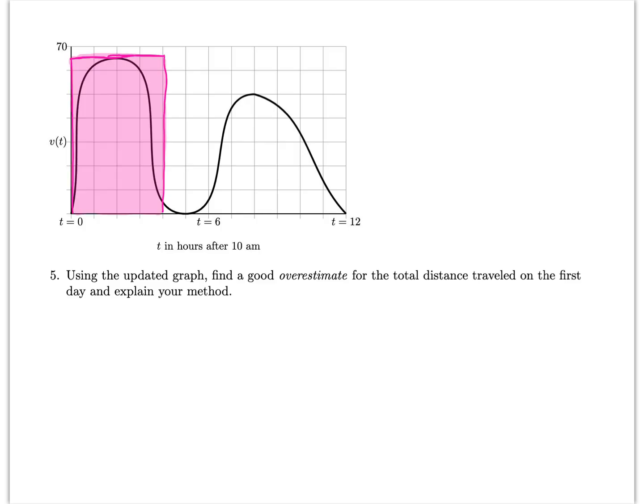So you can see that that pink rectangle is more area than the area under the curve. I am counting some chunks here that aren't actually under the curve. There's too much area. That's making this an overestimate. So this pink rectangle is 1, 2, 3, it's 4 by 65, which is 260.